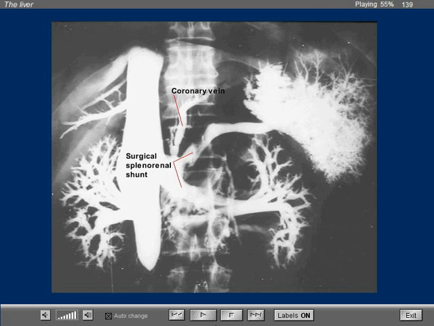So this is a splenorenal shunt, which is one way of treating gastroesophageal varices from portal hypertension. Note that in this particular case, the surgeon did not ligate the coronary vein, so it is possible to continue with variceal bleeding despite the successful splenorenal shunt.